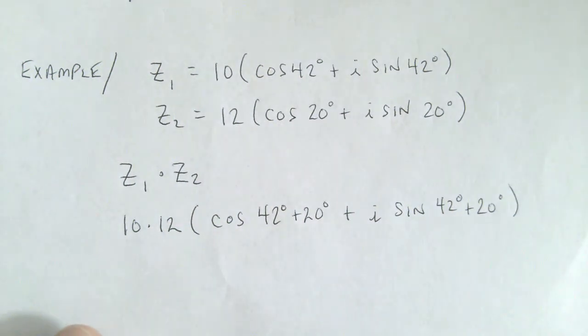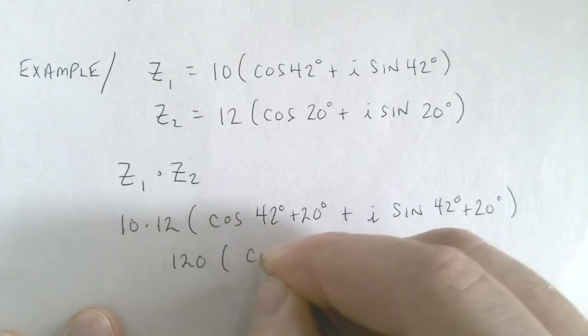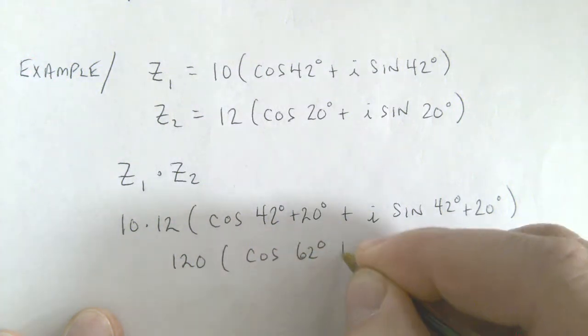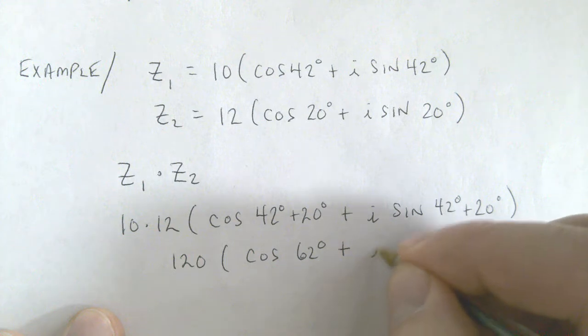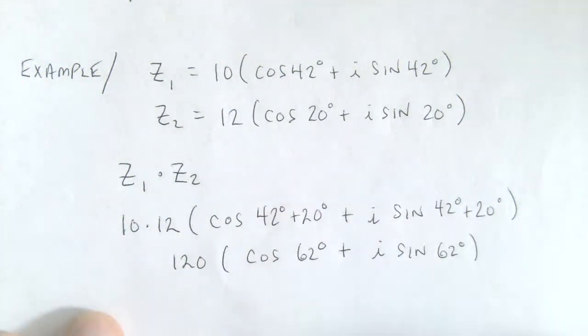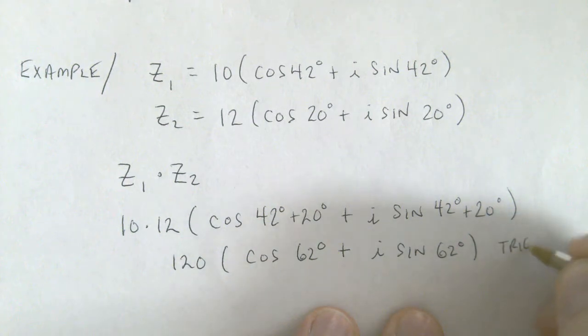Now for trig form, 10 times 12 is 120. This is cosine of 62 degrees plus I sine 62 degrees. And again, this would be trig form.